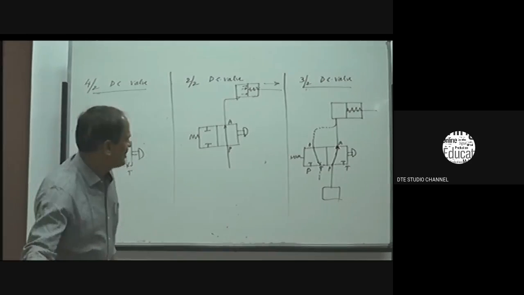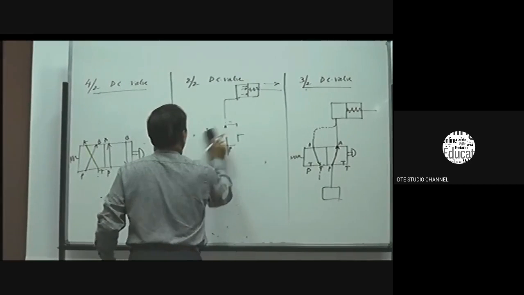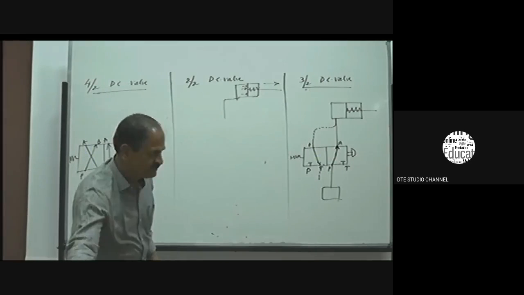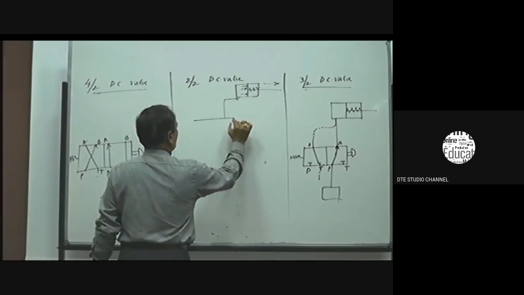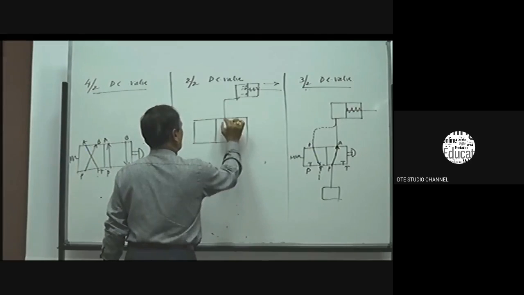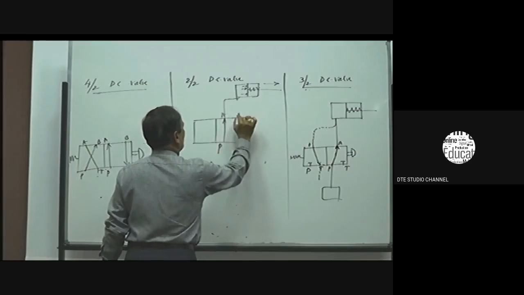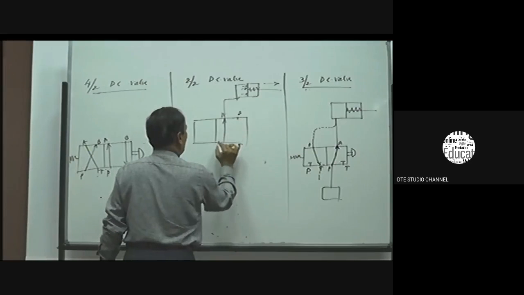And 5x2 DC valve. The symbol for representing 5x2 DC valve. P connected to A and 2 tank ports are there.